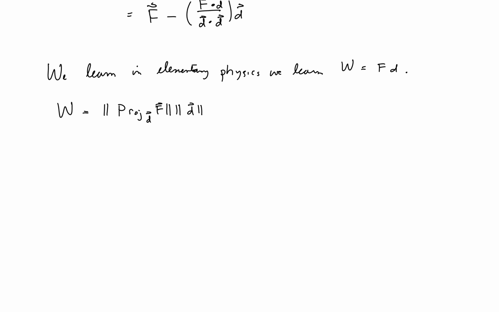Now let's think about what we have in terms of these terms here. So we know that the projection vector of F onto D, well, this was F cosine theta over the magnitude of D. That's what we originally saw.